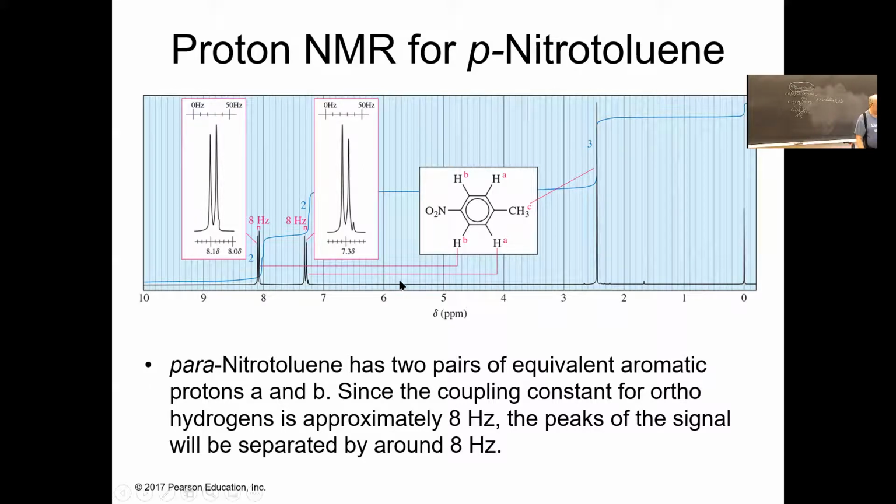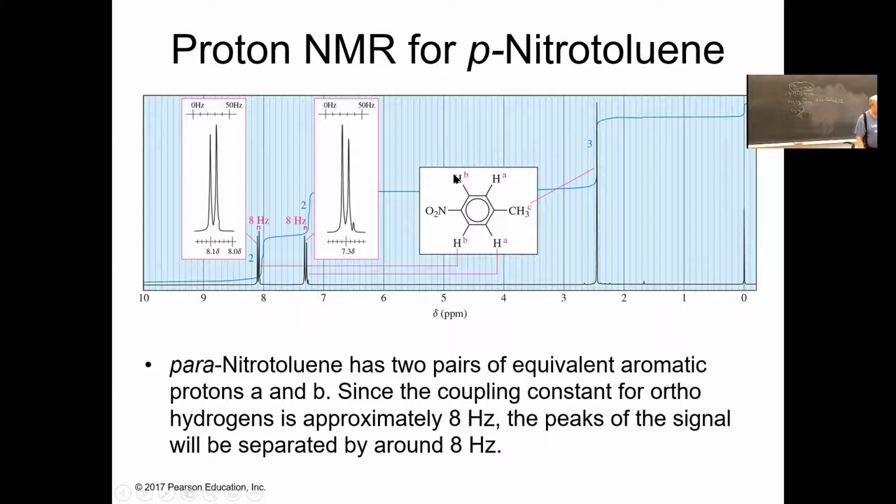Right, so here we have para-nitrotoluene. The methyl down here at about 2.5 is a singlet. There's no hydrogens next to it. The A hydrogens here are equivalent. The B hydrogens are equivalent to each other.